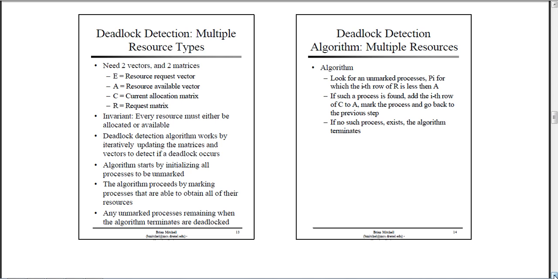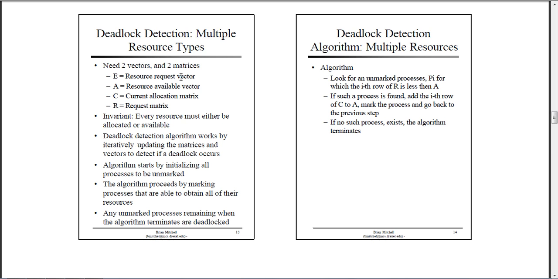Deadlock detection with multiple resource types. We need two vectors and two matrices: E, the existing resource vector; A, the resource available vector; C, the current allocation matrix; and R, the request matrix. Invariant: every resource must either be allocated or available.